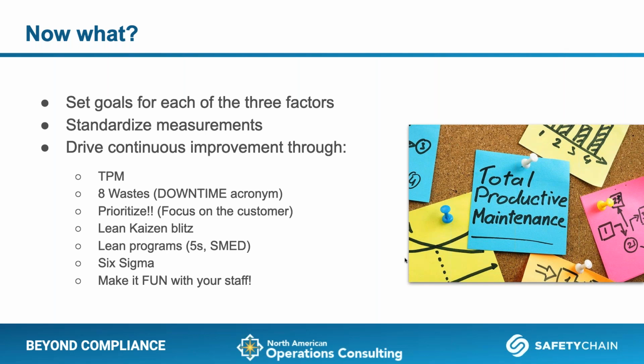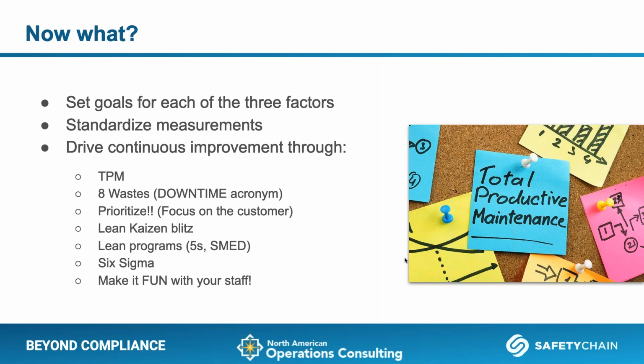And obviously TPM, this is where this was born. So TPM is important where production is taking that ownership of their machines. You've got your 8 wastes, the downtime acronym, which is a really nice acronym. Some of you guys have it there in your plans.